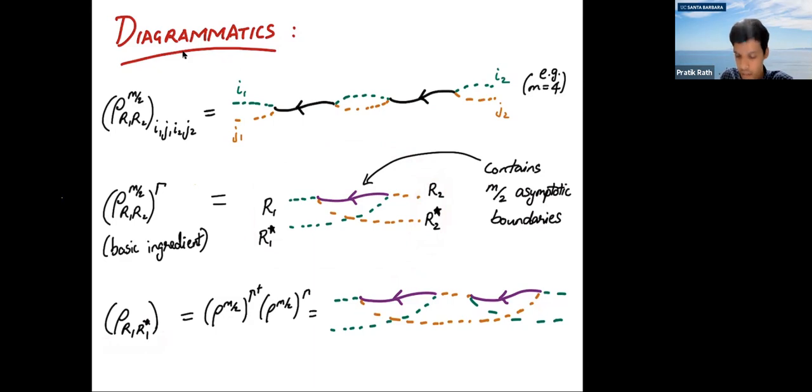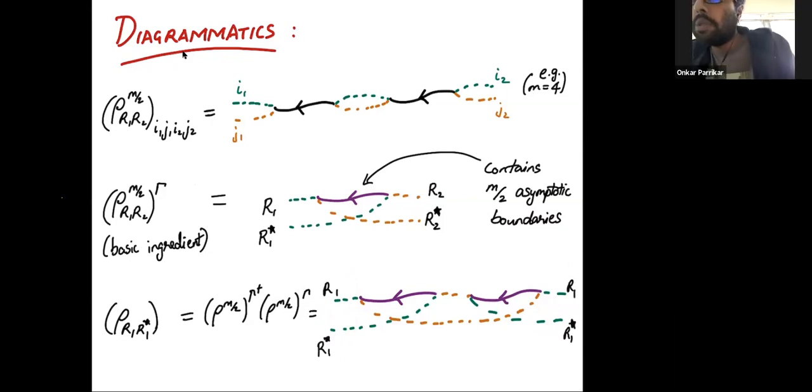What that needs is an index contraction of these orange indices. So that's what we've done here. And then we're left with a density matrix on the two indices that are left, which are R1 and R1 star. The same on this side. So this is just the bra and ket part of the density matrix.